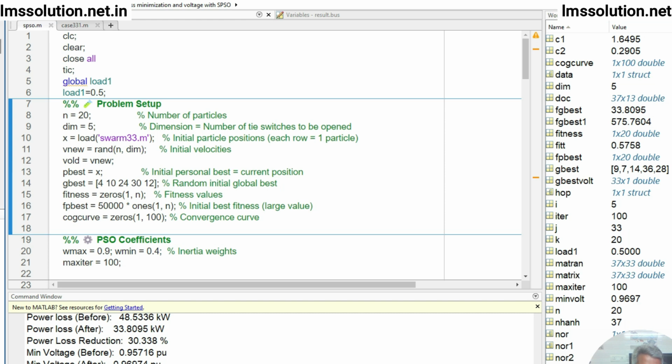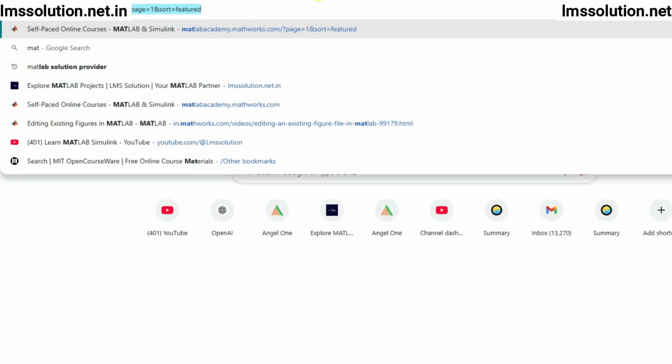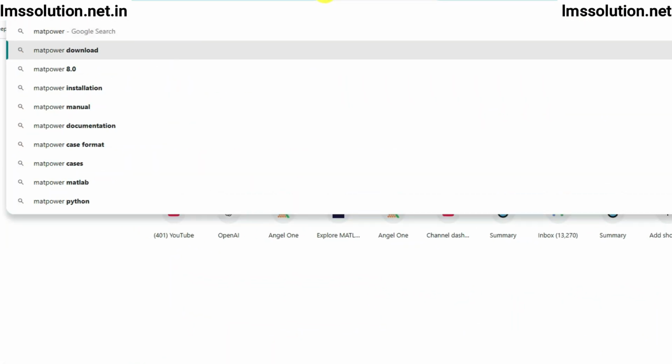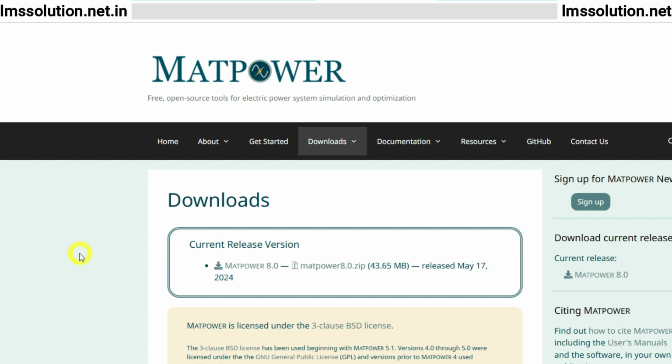You can download the MATPOWER package from the MATPOWER website. Just type in Google, MATPOWER download, and then you can download it from the website. For MATPOWER 8.0, whatever the latest version is, you can use that one.